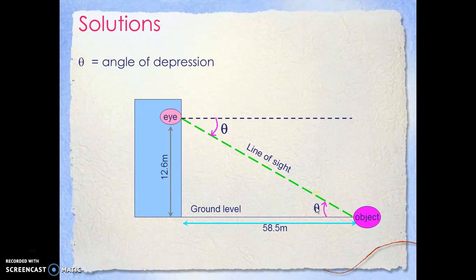You have to remember first the SOHCAHTOA. You have to apply the trigonometric functions. Now, the most appropriate trigonometric function to use here is what? The tangent function, because for this angle here, we have the opposite side, this side here, and the adjacent side.